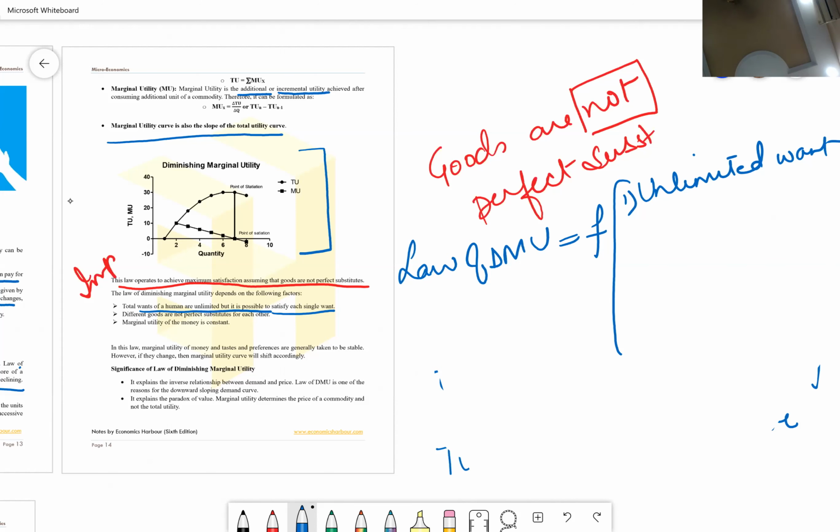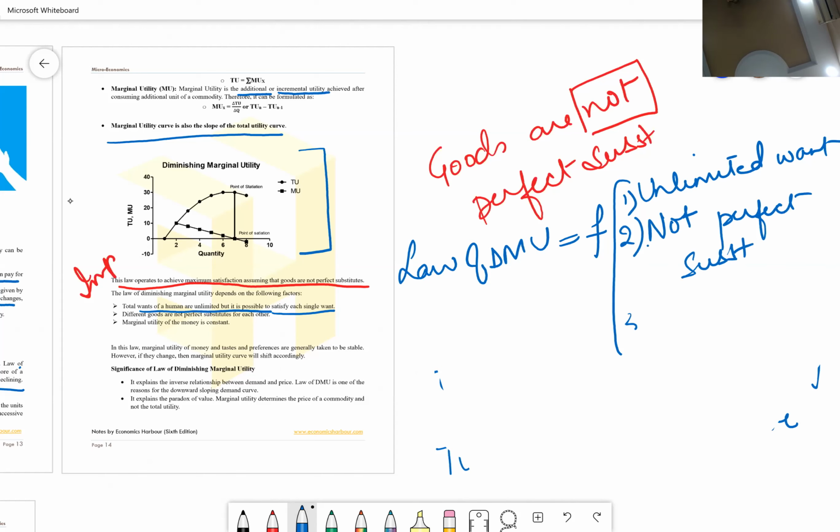So everything comes under the area of possibility, that the consumer is having unlimited or infinite wants and has high expectations, but he or she can satisfy his wants, right? Second condition is that the goods are not perfect substitutes of each other.